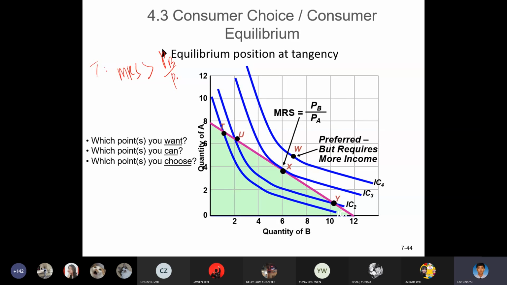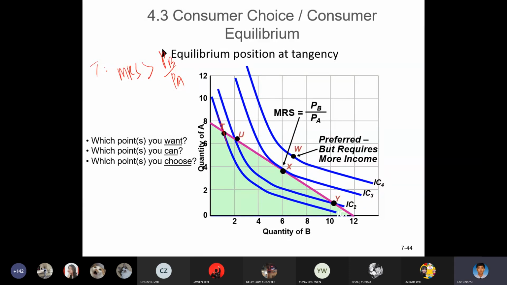Why do I say so? When you measure the slope at T, it is much steeper compared to the slope of the budget line. Because of that, they are not equal.